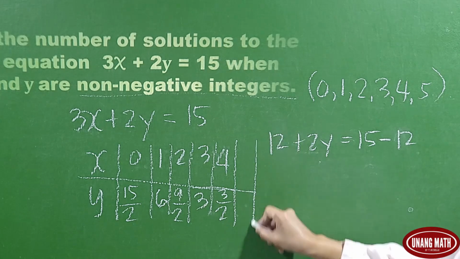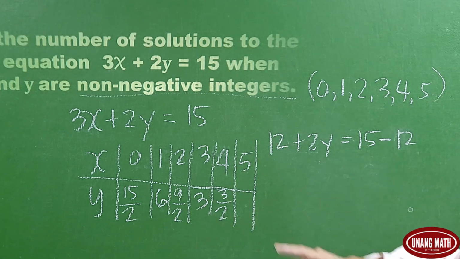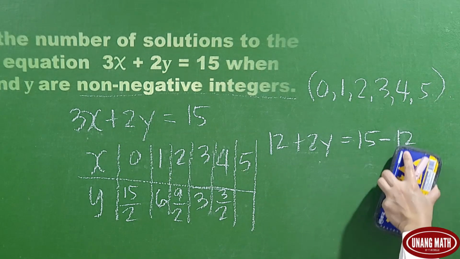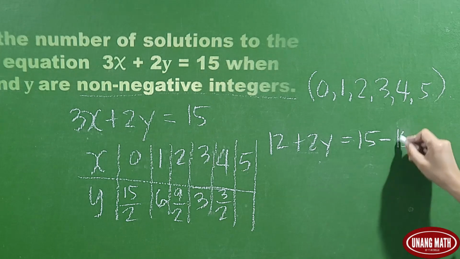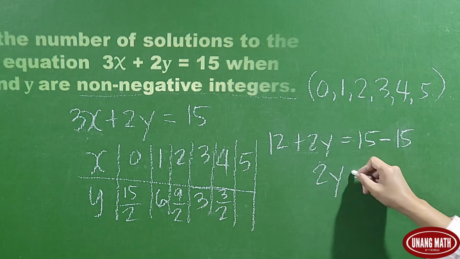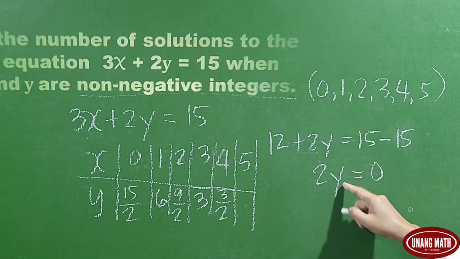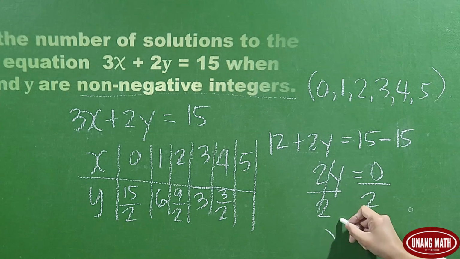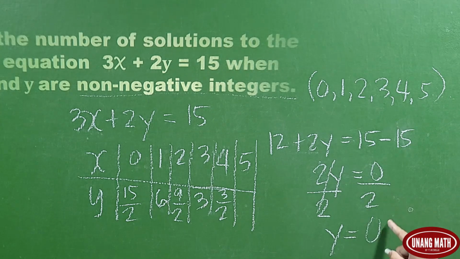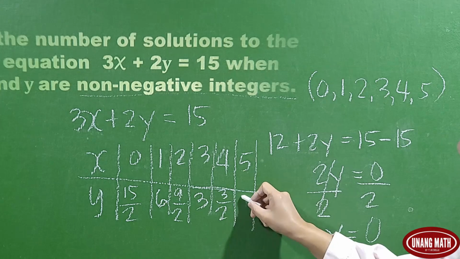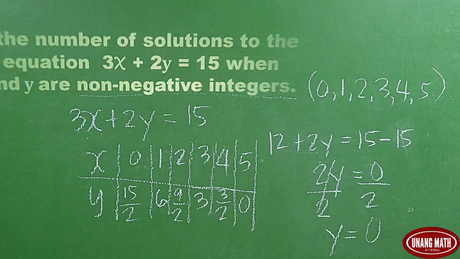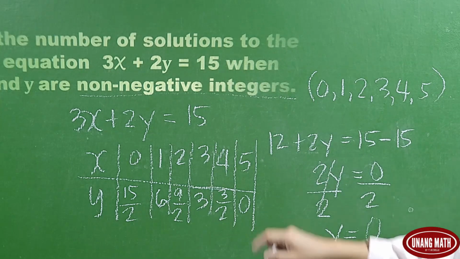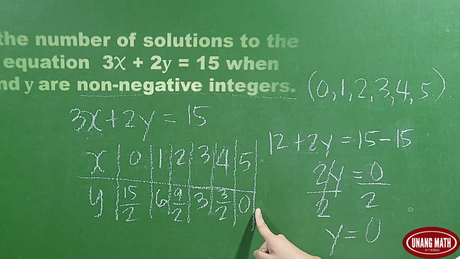What about if x is 5? 3 times 5 is equal to 15, so this is 15 minus 15, and we have 2y is equal to 0. If we divide both sides by 2, this is equal to 0. So if x is 5, then y is 0. 0 is still included in the non-negative integers, so we also have 5 and 0.